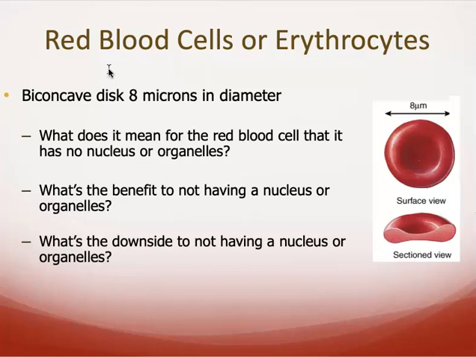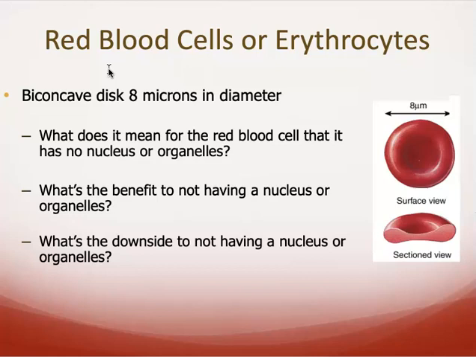One of the benefits, though, is that whenever you are building parts of a cell, building proteins, guess what? You're using up oxygen and nutrients, right? Well, if the whole job of a red blood cell is to carry oxygen, you want to make sure that it is not consuming the oxygen that it is carrying, so more of it can get to the cells that need it.